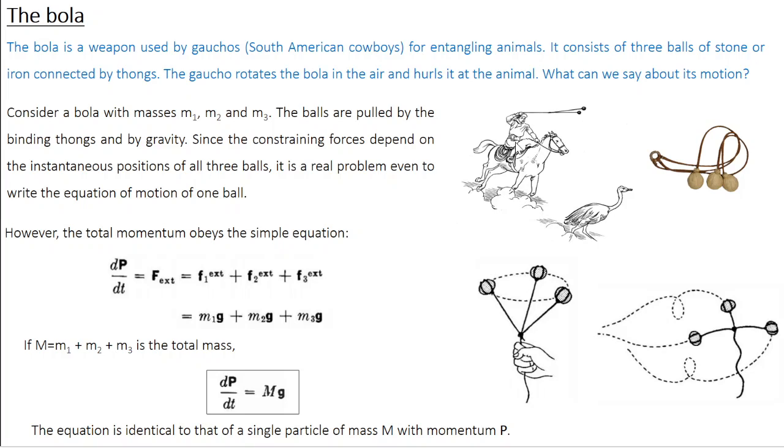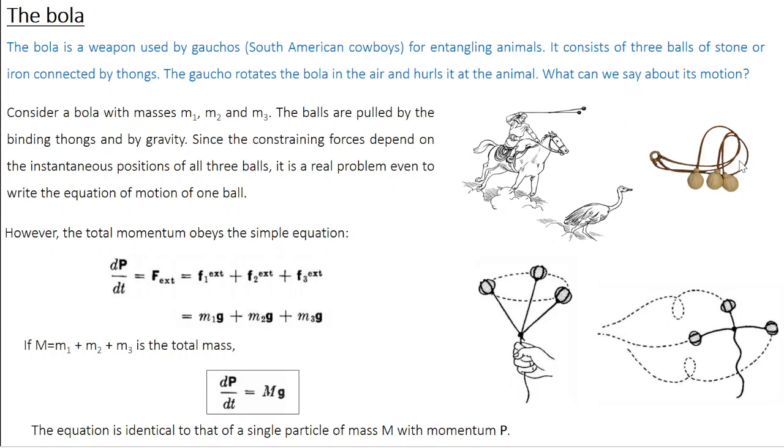So now this entire story which I have described just now, we need to translate into the language of physics, or into the language of classical mechanics. So from the point of view of classical mechanics, you have a multi-particle system consisting of three masses m1, m2 and m3, and the masses are pulled by the binding thongs and gravity, right?